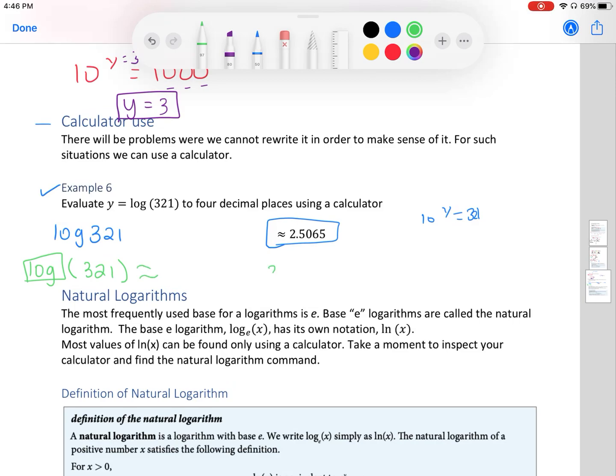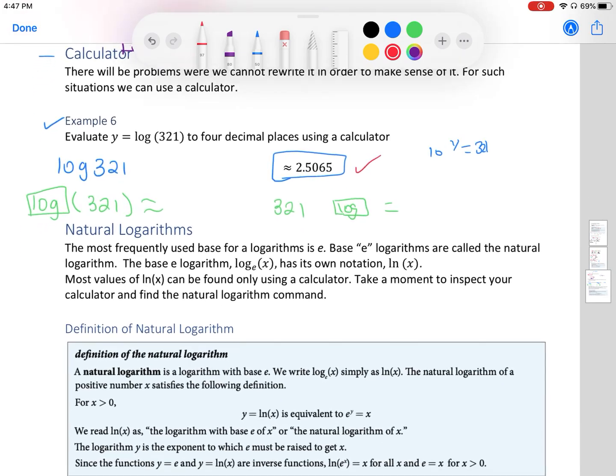Other calculators make you type in the number and then you press the log command so that you can get the applied log. So that's what I mean by innies and outies. It depends what your order is. However, play with it until you get the right answer, which is 2.5065.